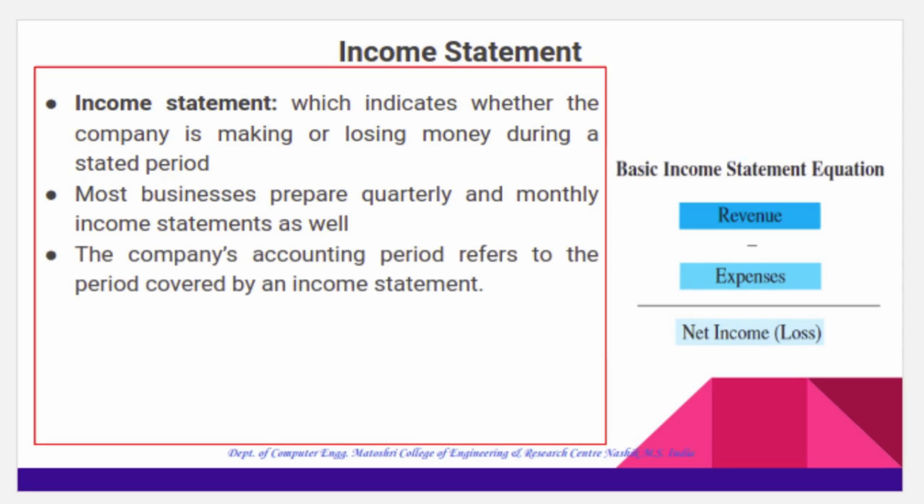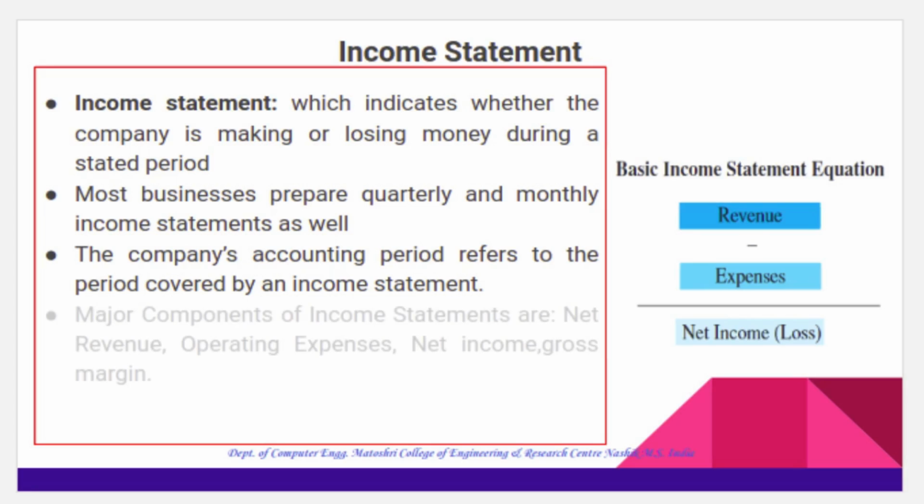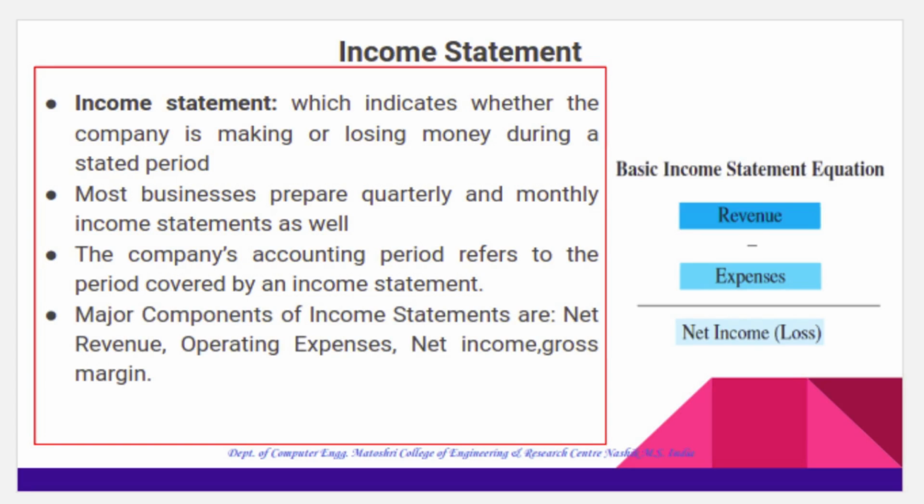The company's accounting period refers to the period covered by the income statement. Major components of the income statement are net revenue, operating expenses, net income, and gross margin. Next, we will learn typical elements that are itemized in an income statement.